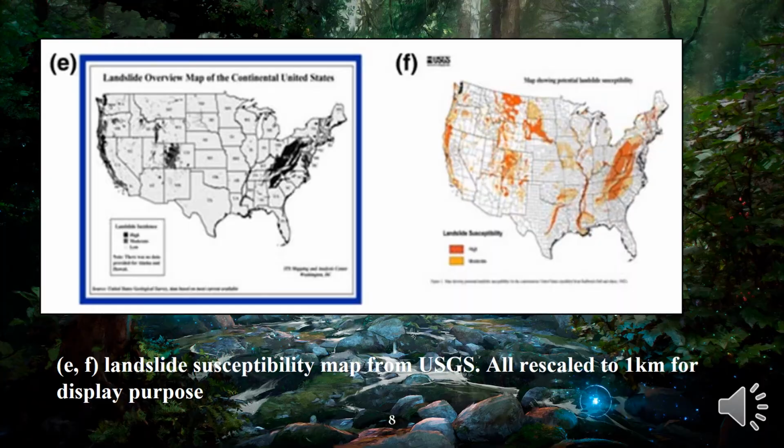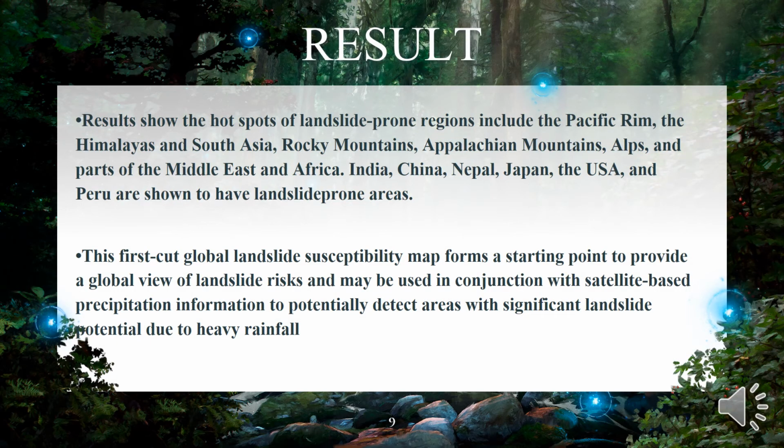Okay, for the result shows that the hotspots of landslide prone region include the Pacific Rim, the Himalayas, the Southeast Asia, Rocky Mountain, Appalachian Mountains, Alps, and the parts of the Middle East and Africa, India, China, Nepal, Japan, and the USA and the Peru are shown to have landslide prone area.